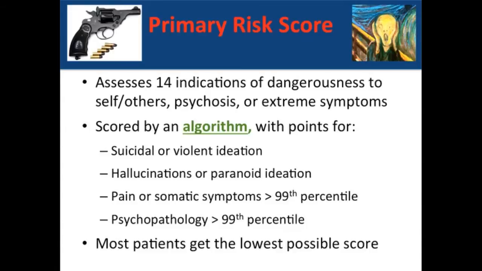Now, most patients get the lowest possible score on primary risk, which is 0, fortunately, but some do have positive scores here, and any score above 0 is important to look at.